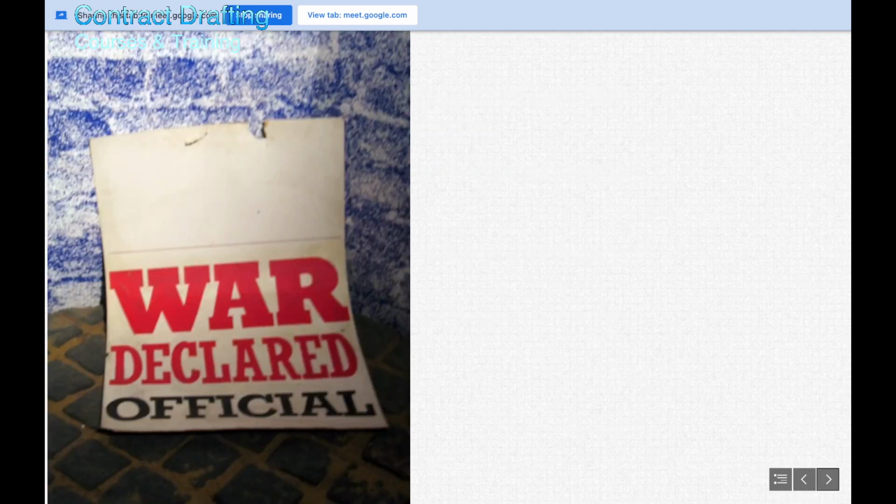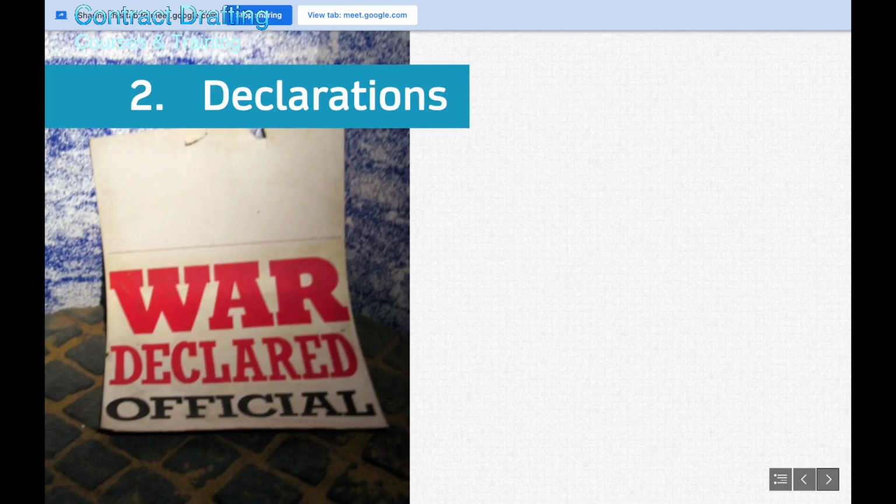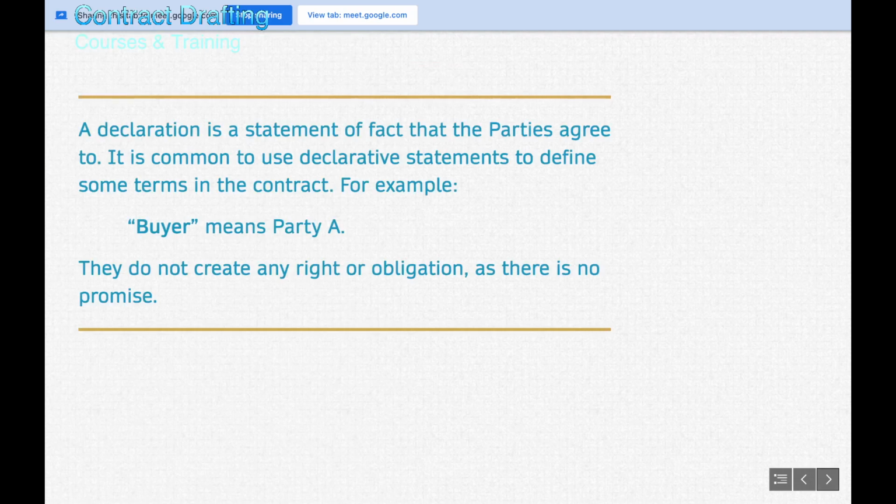Next is declarations. Declarations are statements of fact that parties will agree to, and they are most of the time used for declaring the definition.